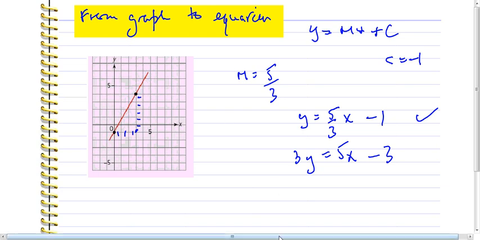Let's have a look at one more. This one here, again, to get the equation we start with y equals mx plus c. C we just read off. In this case it's cutting at y equals, here's 0, so 1, 2, 3, 4. Now 0 must be down here because it's telling us this is 5.